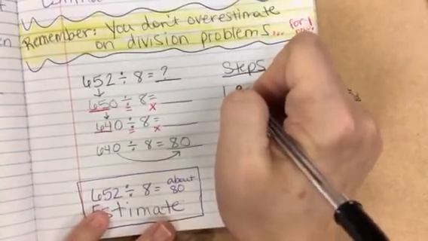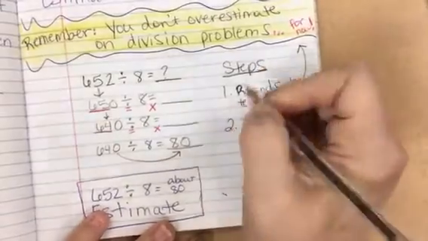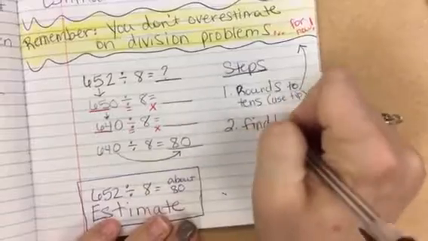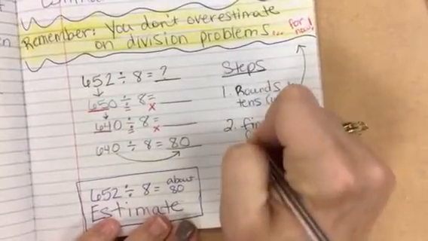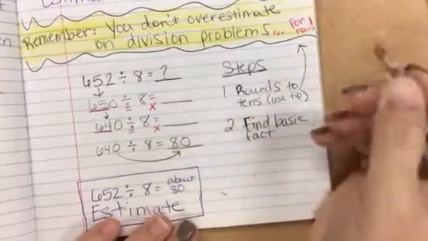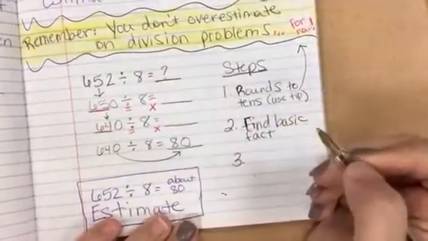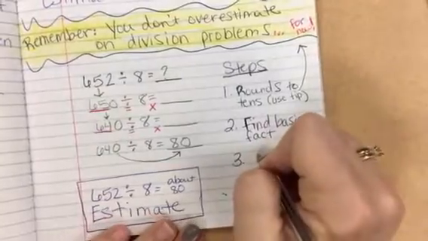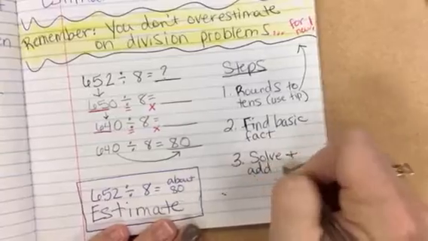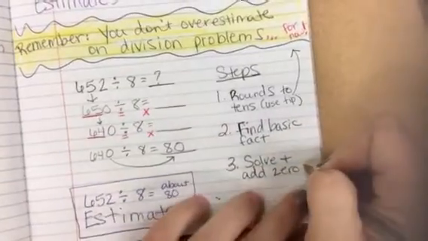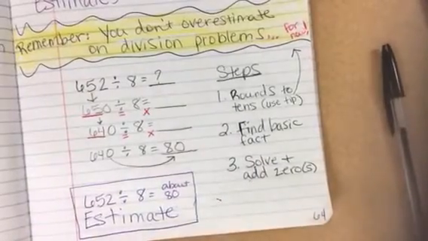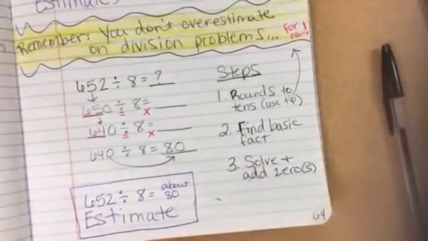Then I'm always going to find the basic fact. I'm going to capitalize that because it is the beginning of my sentence. And 3, solve and add 0. I'm going to put zeros in parentheses because in a different problem you might have more than one 0 to add. Okay?